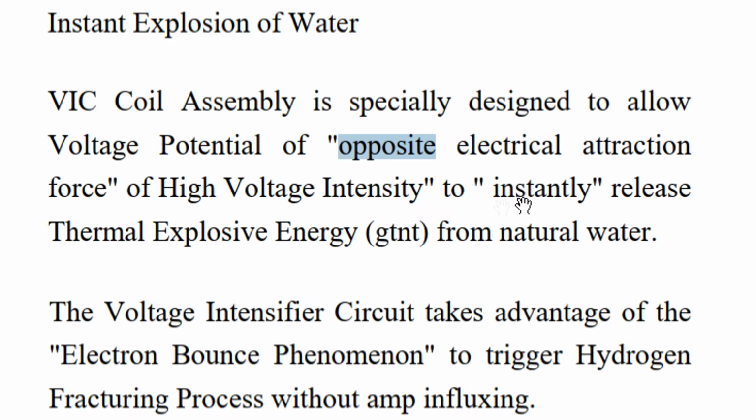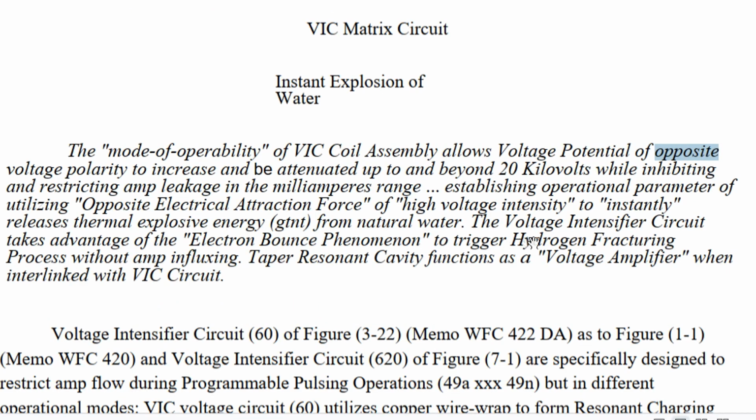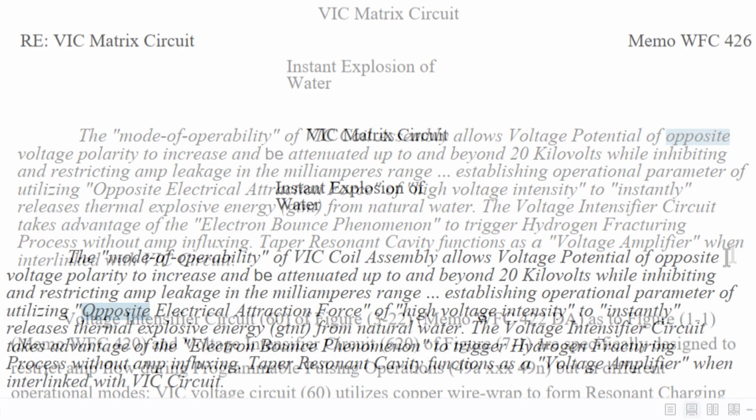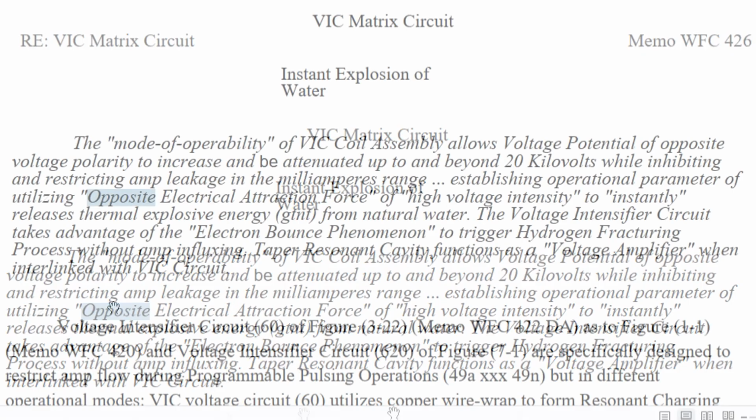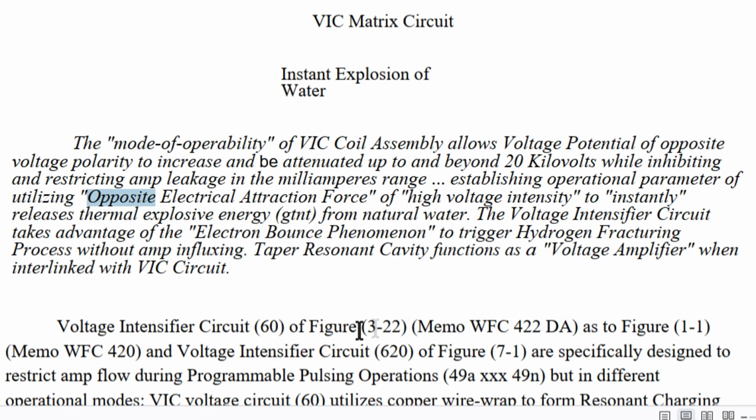VIC coil assembly is specially designed to allow voltage potential of opposite electrical attraction force of high voltage intensity to instantly release thermal explosive energy from natural water. The mode of operability of VIC coil assemblies allows voltage potential of opposite voltage polarity to increase and be attenuated up to and beyond 20 kilovolts, while inhibiting and restricting amp leakage in the milliamperes range, establishing operational parameter of utilizing opposite electrical attraction force of high voltage intensity to instantly release thermal explosive energy, and so on.